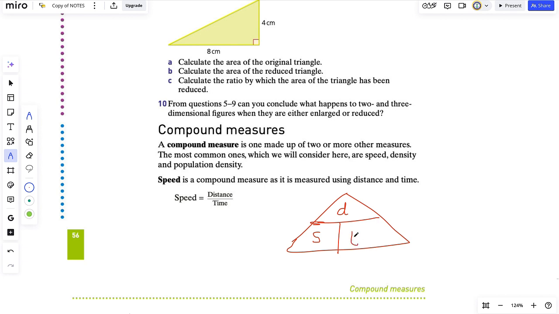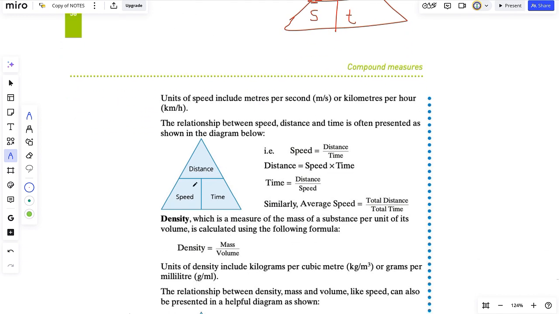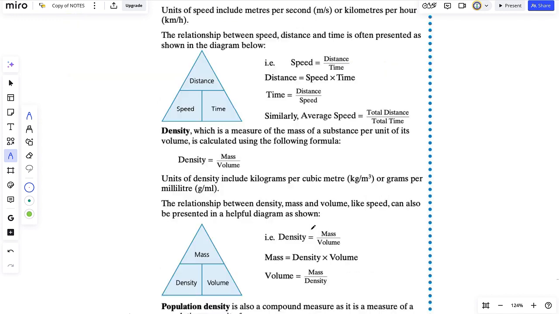In compound measure, speed is distance divided by time, time is distance over speed, and distance is speed times time. So there are three equations you can derive from the triangular formula.